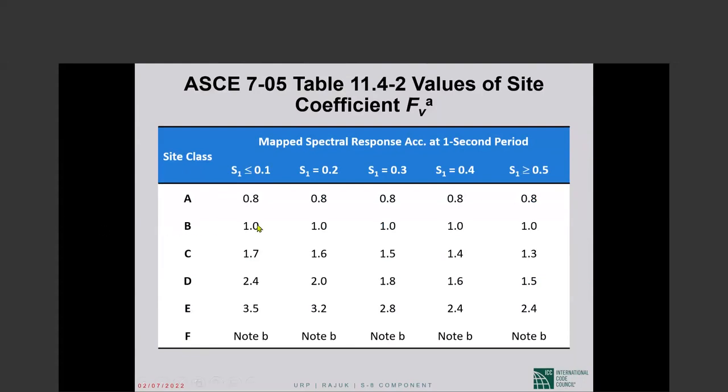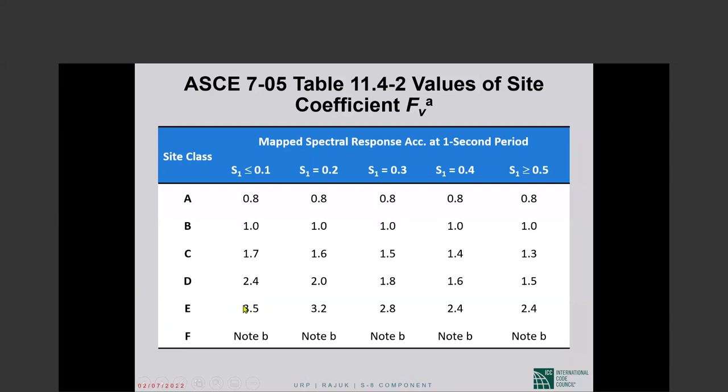These are the long period site coefficients F sub V. Again, benchmark site class B, all the coefficients are equal to 1. The coefficients are a function not only of the site class, but of the intensity of ground motion at the site, as you see here. And notice that on softer soil, when the ground motion is low, in low seismic areas, the amplification is extremely high.